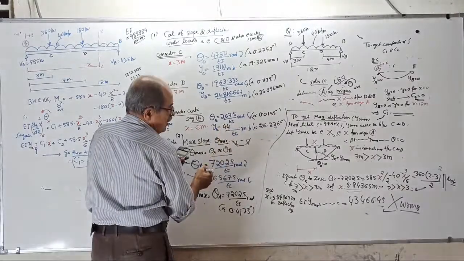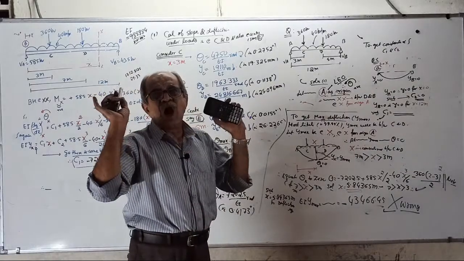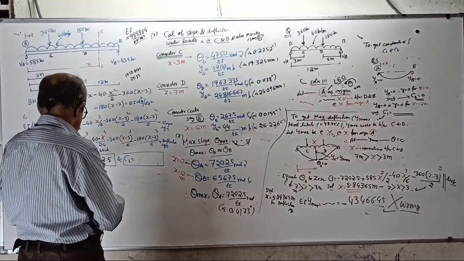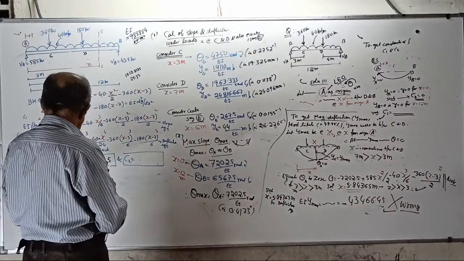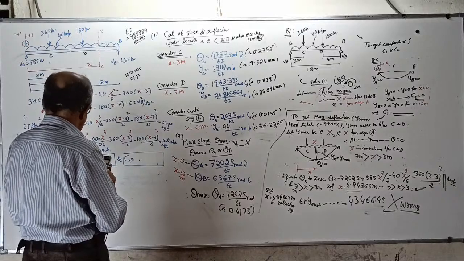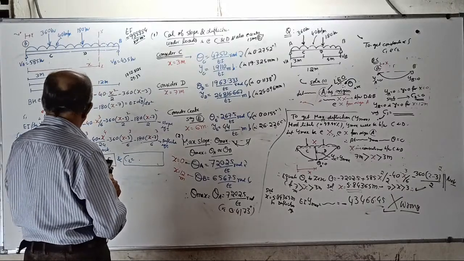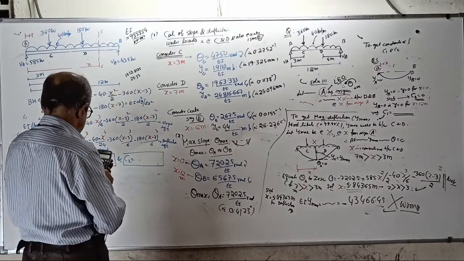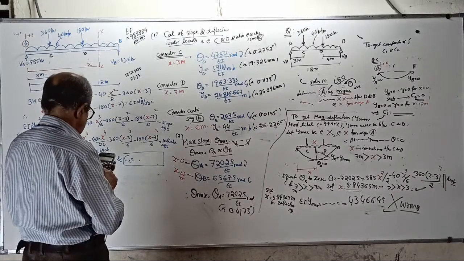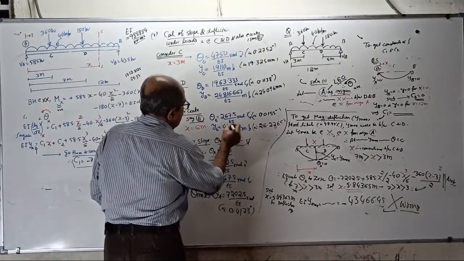4, that is 4, 3. Not possible. Something is wrong. Not possible. I'll check again. 44880.